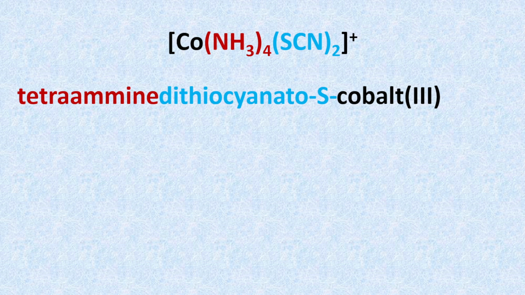This is why 3, a Roman numeral, is added in a round bracket next to the metal name. Lastly, as the coordination sphere carries a charge, the suffix ion is added after leaving a space between the name of the complex and the ion.